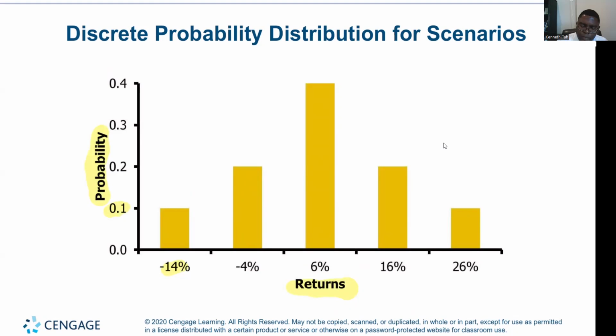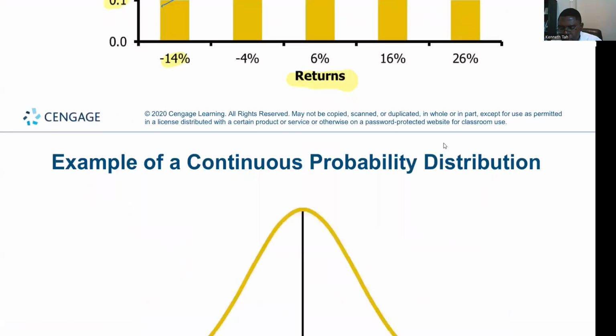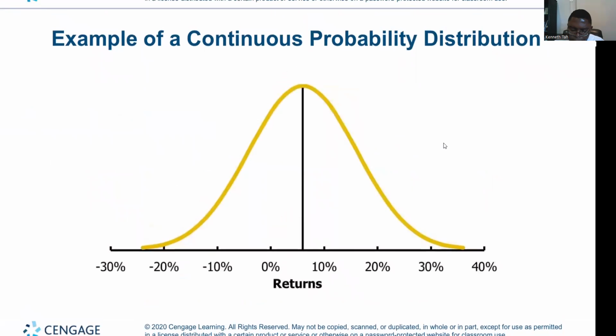When we connect these points, it changes from a discrete probability distribution for a scenario to a continuous probability distribution. It's going to look like this. So this is an example of a continuous probability distribution.